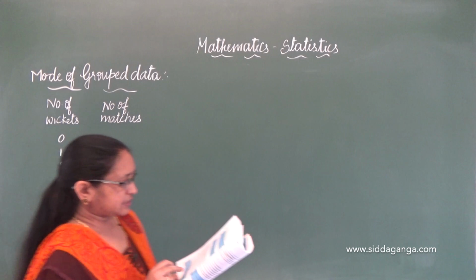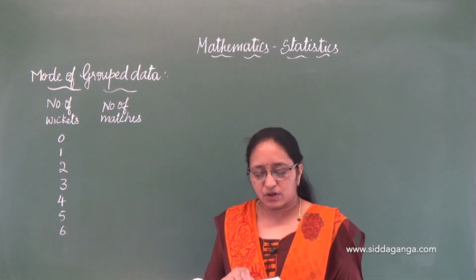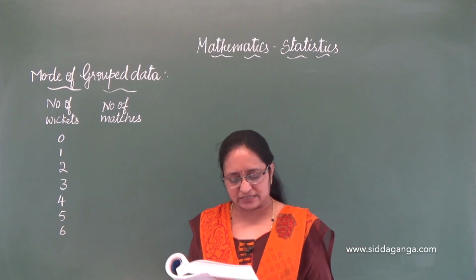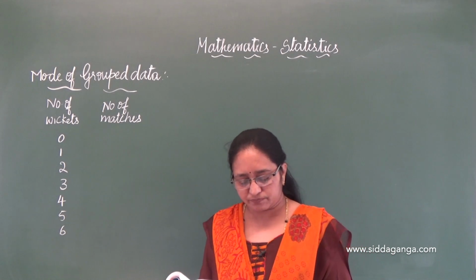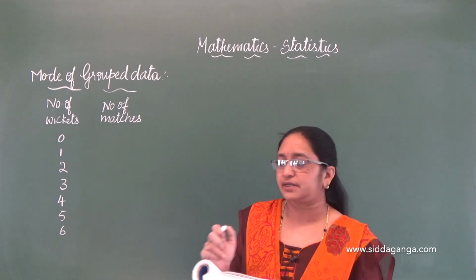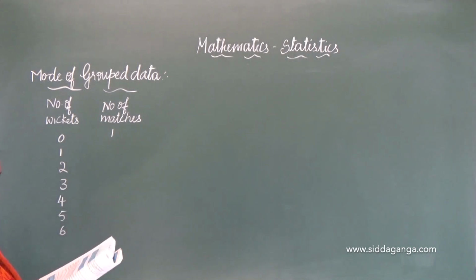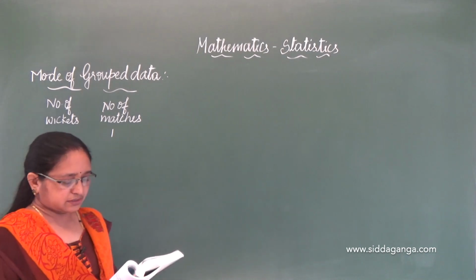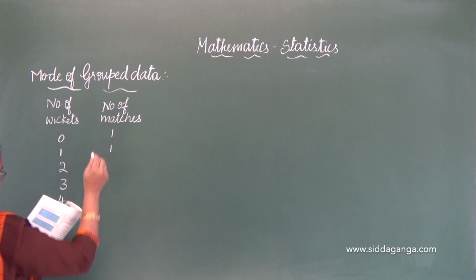In the question they have not arranged it, we have to arrange it. See 0, how many matches, how many wickets? 0 only once, correct? So number of matches is only 1. And the number of wickets 1 is only 1 again.